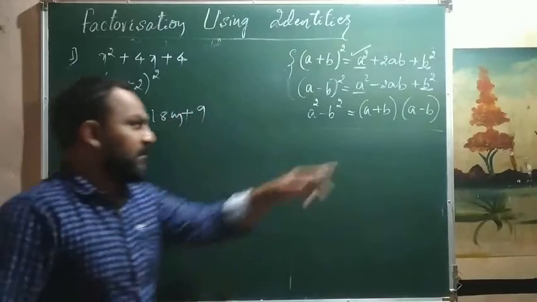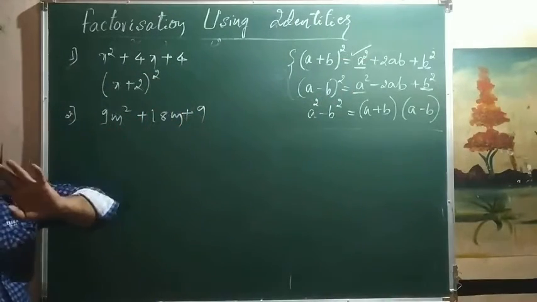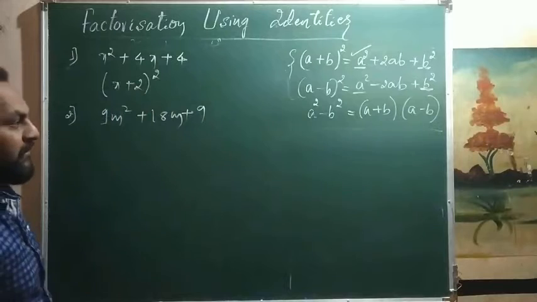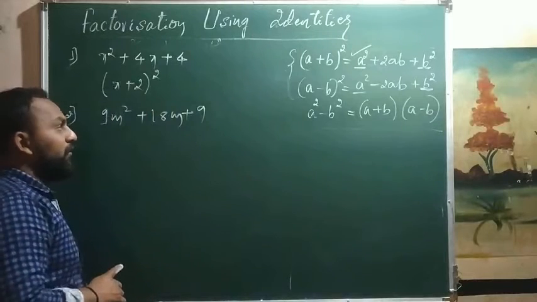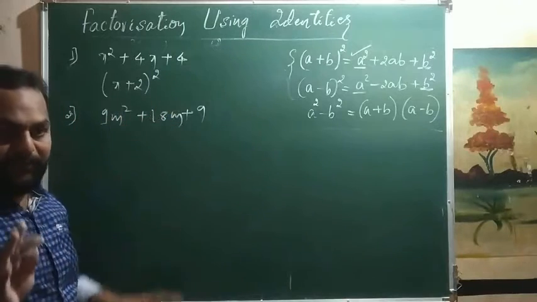The second step is the sign of the middle term. The sign of the middle term is positive, which means the first identity. Then the first and third terms are perfect squares.